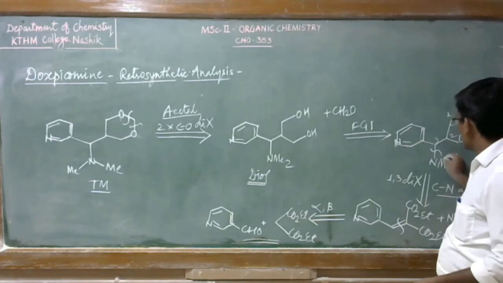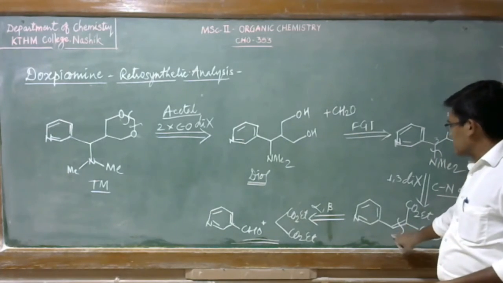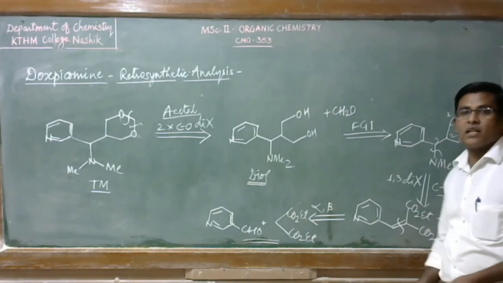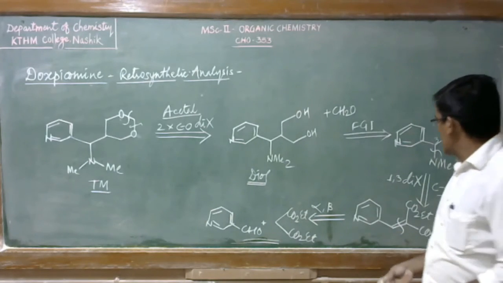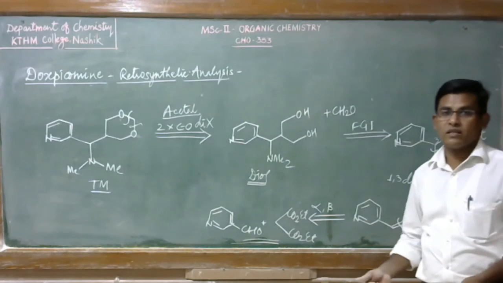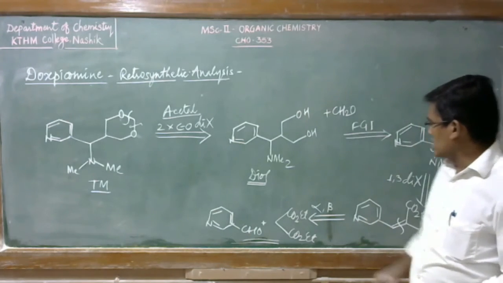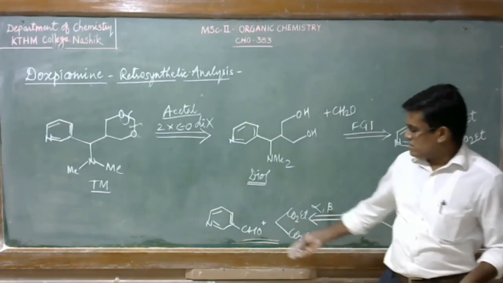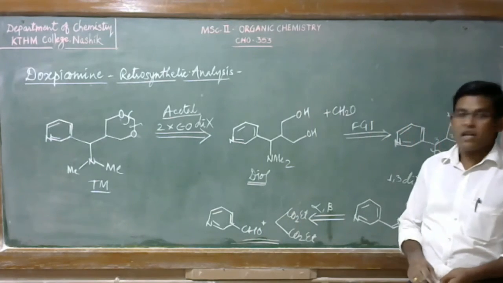So when you cleave this bond, we can get this alpha beta unsaturated carbonyl compound, and further it's obvious we have alpha beta unsaturated disconnection to get the readily available aldehyde and diethyl malonate.